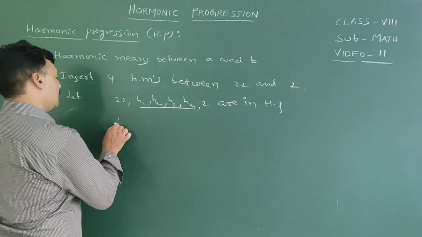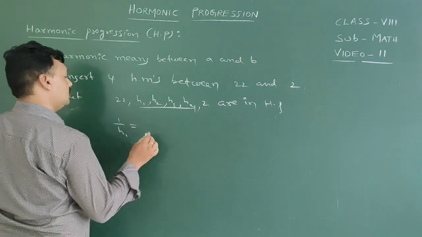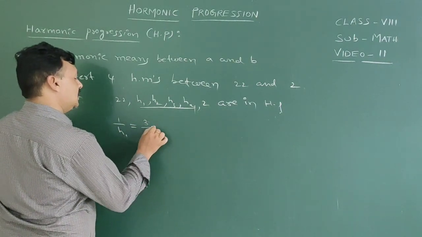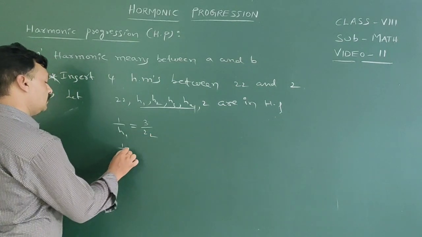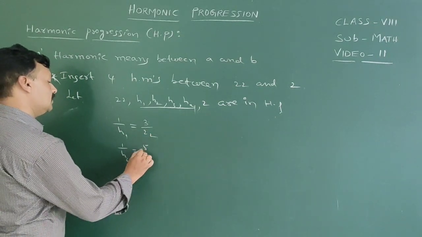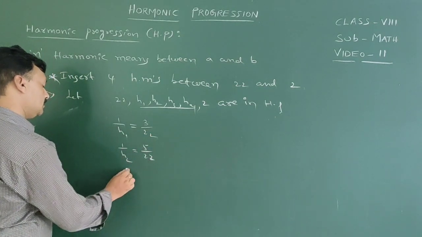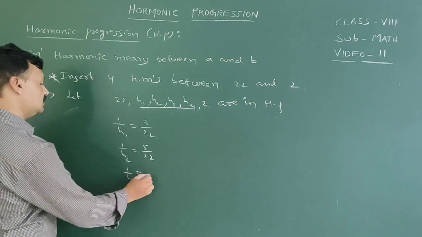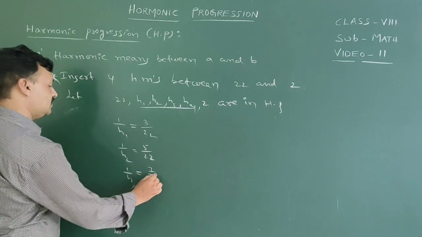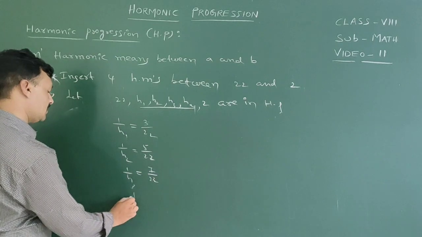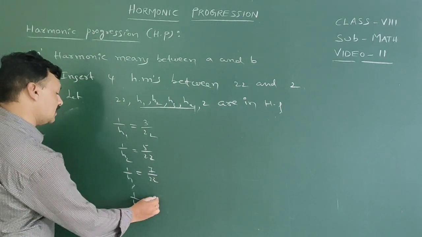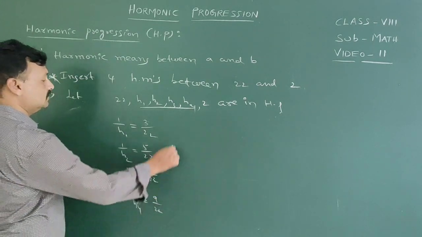We have 1 by h1 equal to 3 by 22, 1 by h2 equal to 5 by 22, 1 by h3 equal to 7 by 22, 1 by h4 equal to 9 by 22.